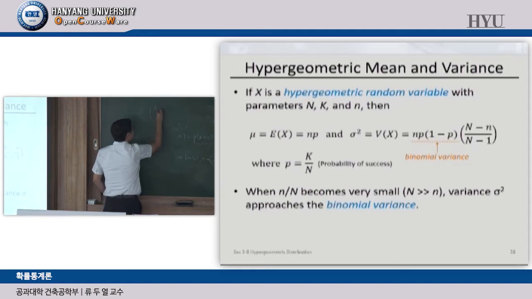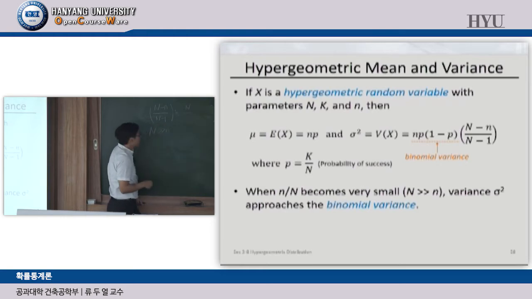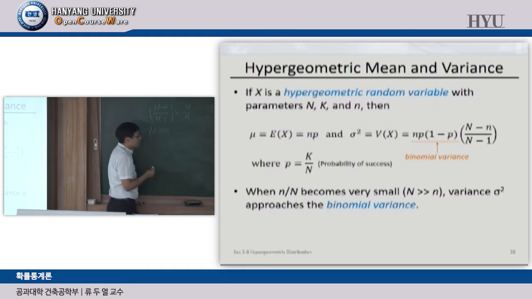Because when large N is much larger than small n, N minus n can be approximately N. And N minus 1 also can be approximately large N as well.